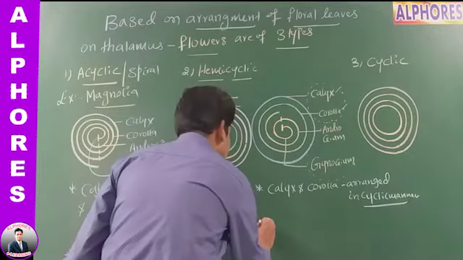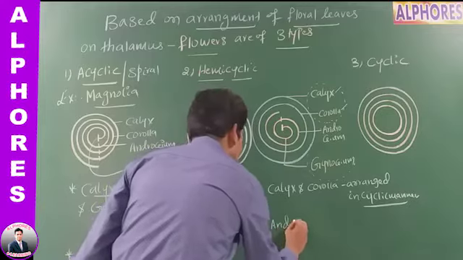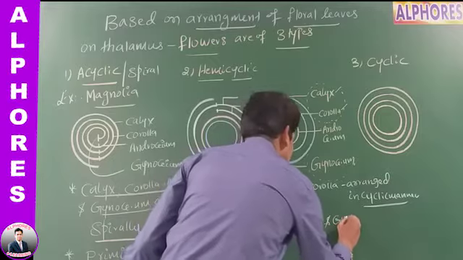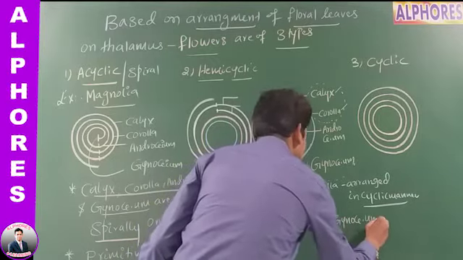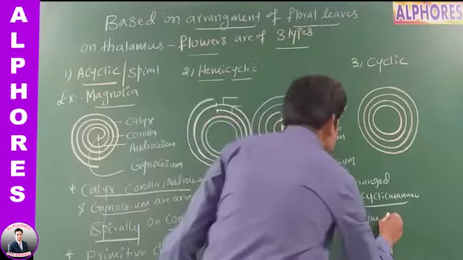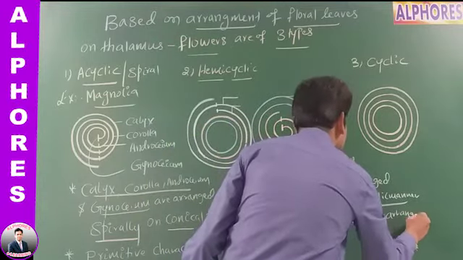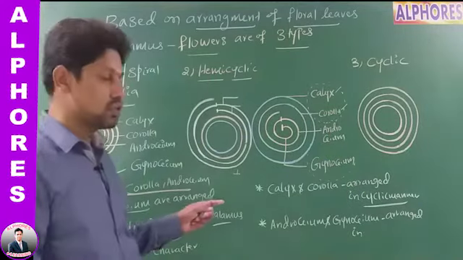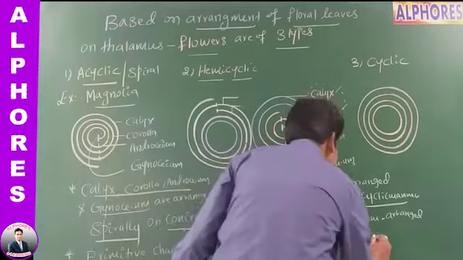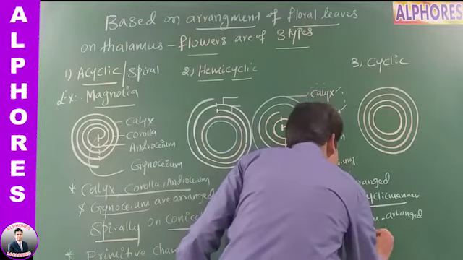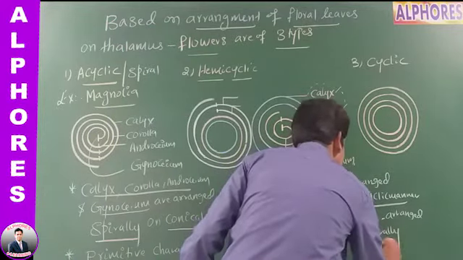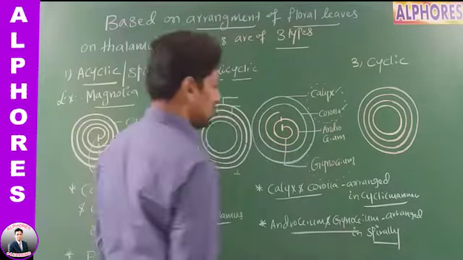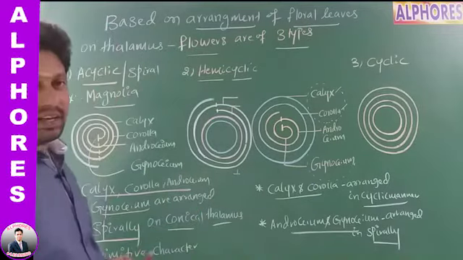Whereas androecium and gynoecium, how are these two arranged? Spiral manner. Spirally. Is it okay? Right. Therefore, calyx and corolla are arranged in cyclic manner. Androecium and gynoecium are arranged spirally.